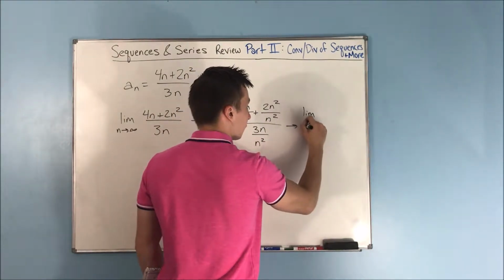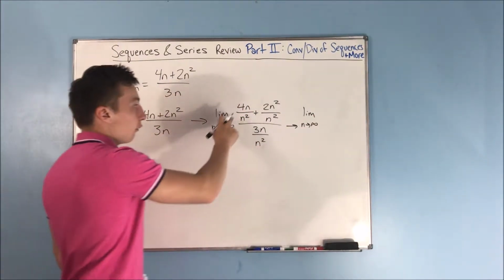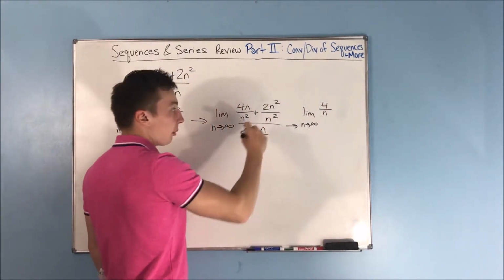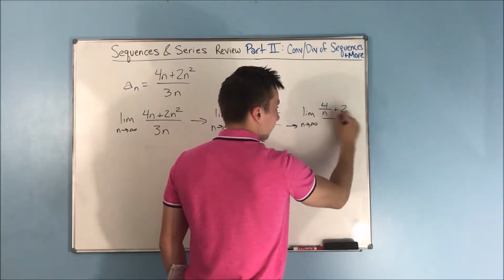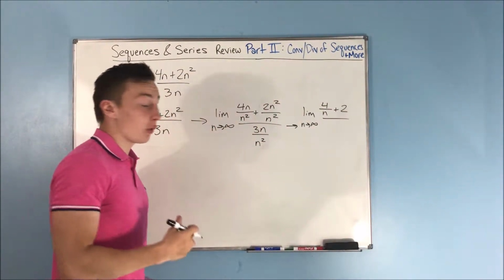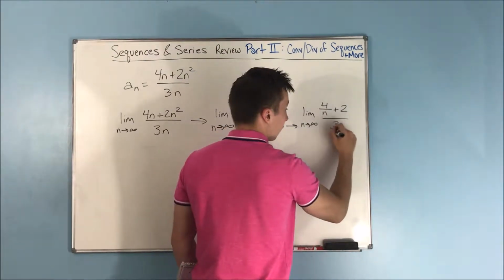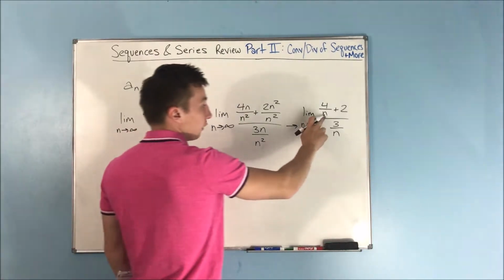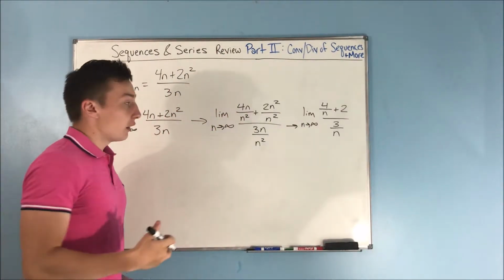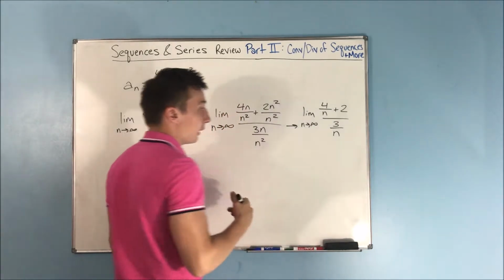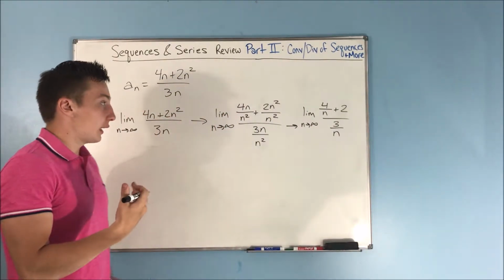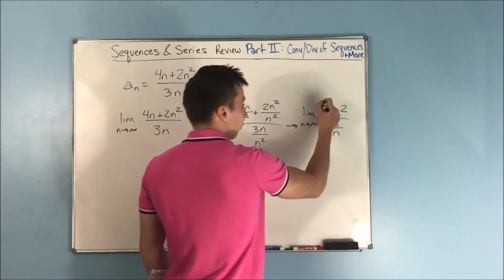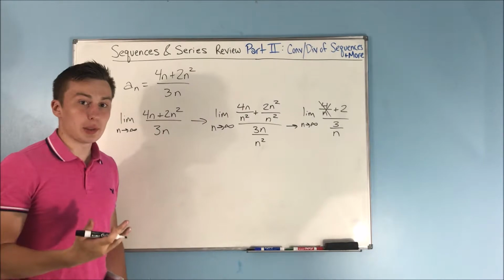We get the limit as n approaches infinity of, well, now we have a 4 over n plus a 2, and that's going to be over 3 over n. Now, this 4 over n right here, as n approaches infinity, is basically going to end up being 0. It's going to be an infinitely small number. So we can kind of just cross this off here. It's not going to matter too much.